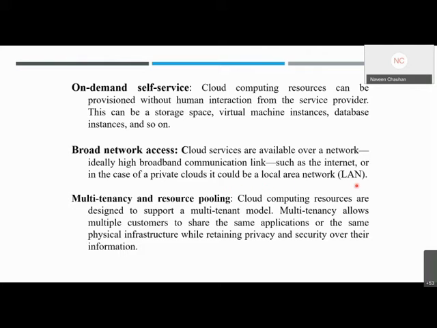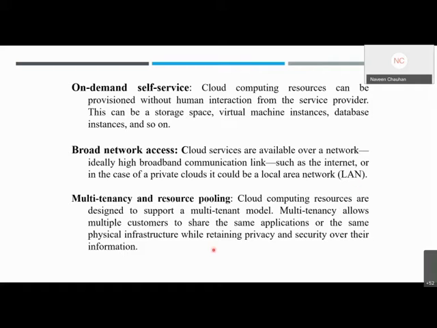Now, the third aspect of this discussion is multi-tenancy and resource pooling. By the term multi-tenancy, you must be clear about this particular thing: cloud computing resources are designed to support a multi-tenant model.